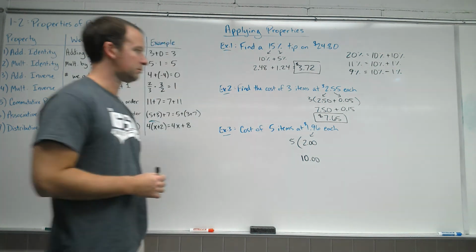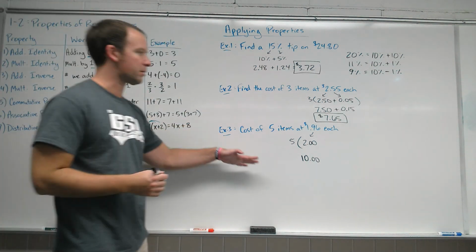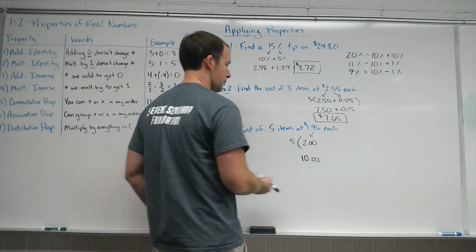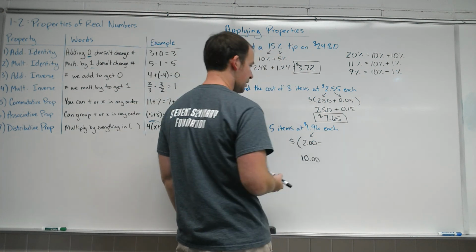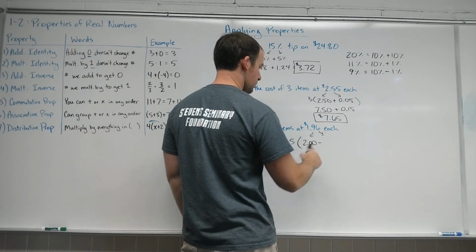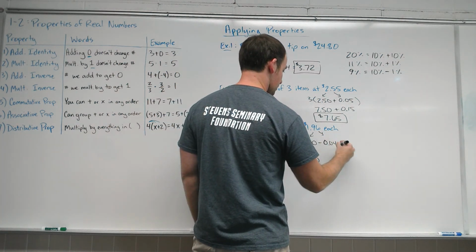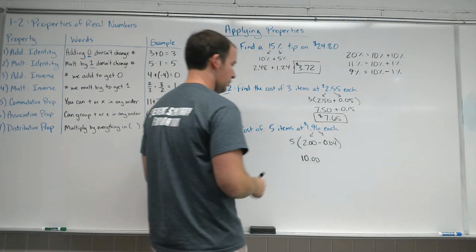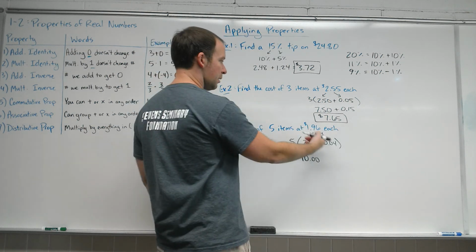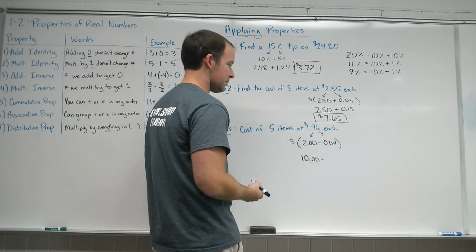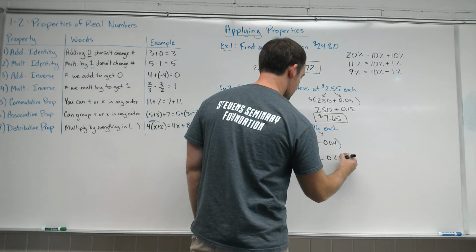So this is going to be right about $10, but a little bit below, so it's going to cost me a little less than $10. To get $1.96, it's $2 minus 4 cents on each thing. If I'm buying 5 things and taking 4 cents off each, that's just 20 cents.